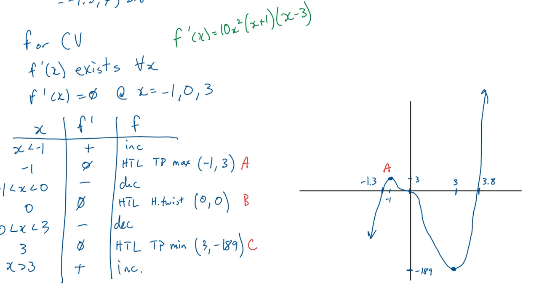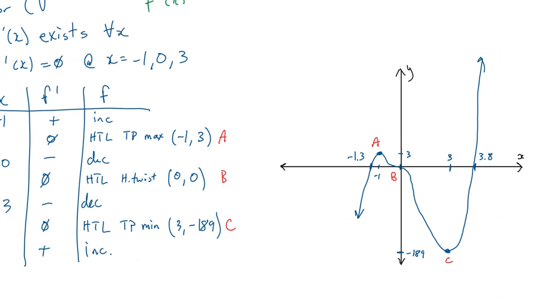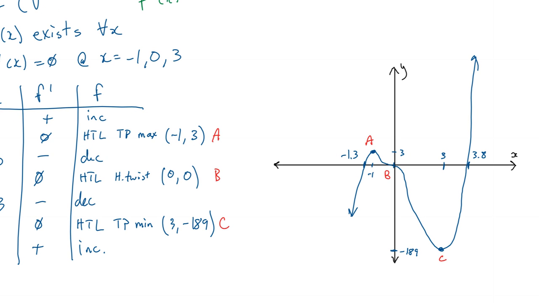And labeling my 3 points A, B, C. They're not always symmetrical like the first two that we looked at.